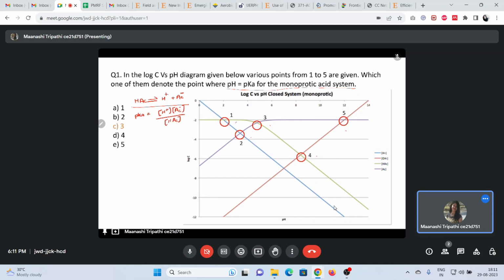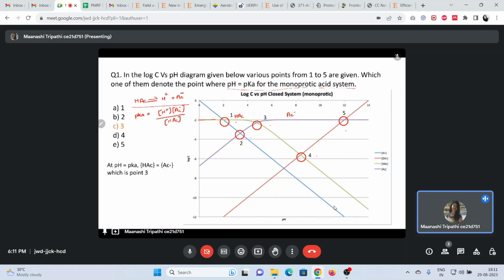The solution for this question is point number 3, which is this point. How? In this diagram, the green line which is coming down is the reduction of HA, so it is reducing with time. The purple line is the increment in A negative. The point where HA is equal to A negative is the point where pH is equal to pKa.